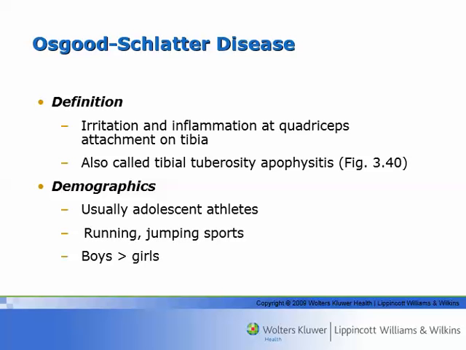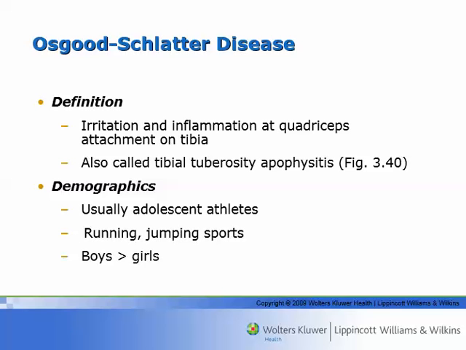It happens in athletic children. The tibial tuberosity is kind of a secondary ossification center, and there is cartilage that joins it onto the rest of the tibia.